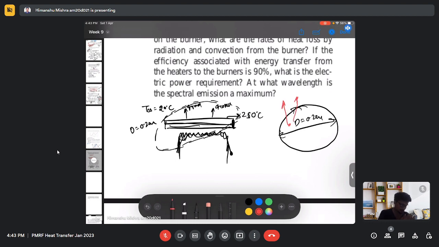This arrow is actually pointing out from the screen. So there will be heat convection coming out from the screen, from the surface of this plate, plus heat transfer due to the radiation, which is exactly perpendicular from the plate to this screen. This is the top view or the screen view.